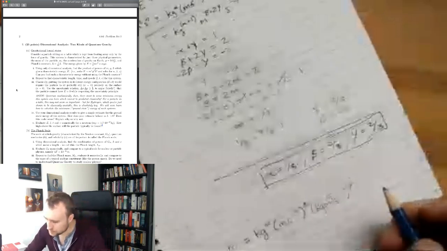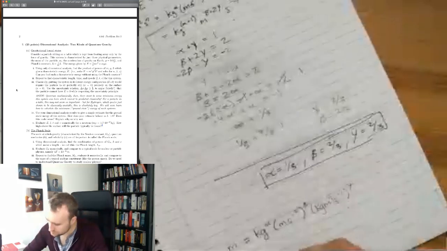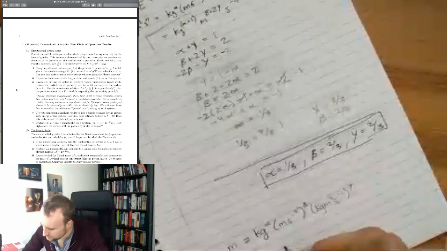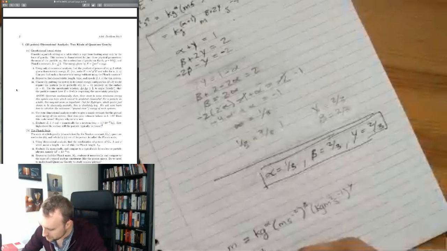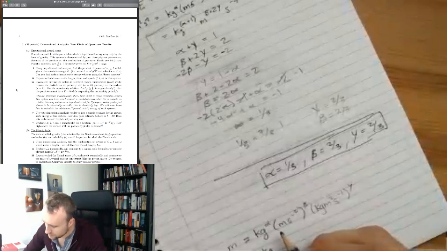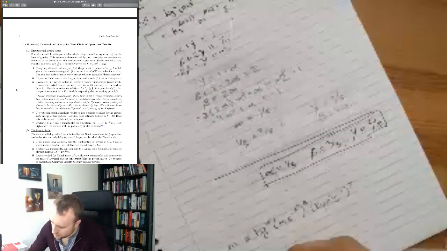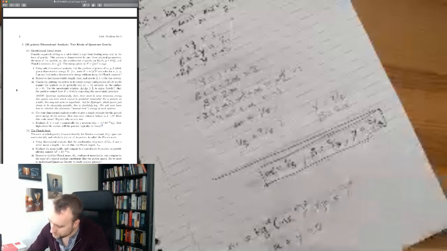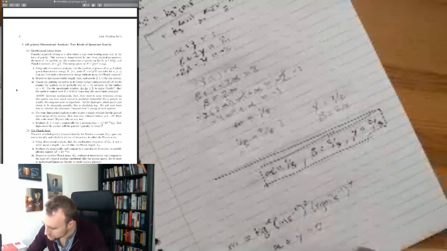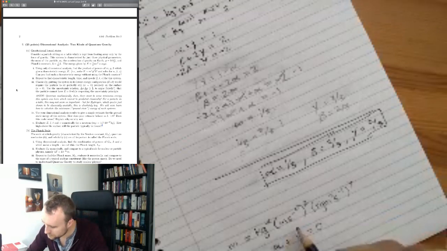So let's again just add these out here. So we have kilograms. Hold on a second. We want alpha plus psi, or whatever this is, to be equal to 0. We want meters.